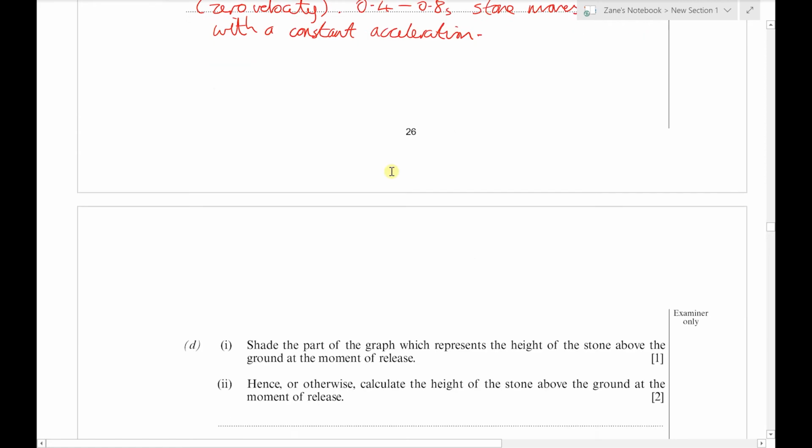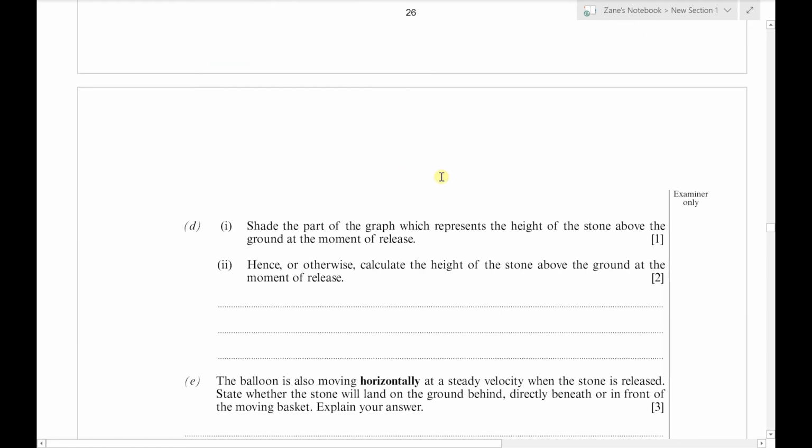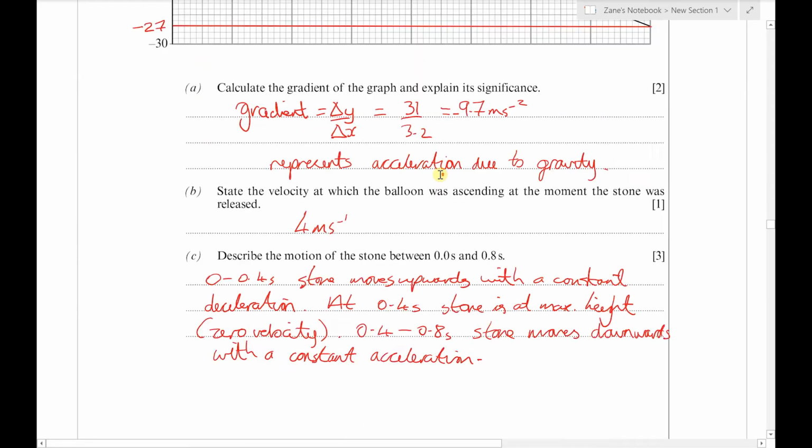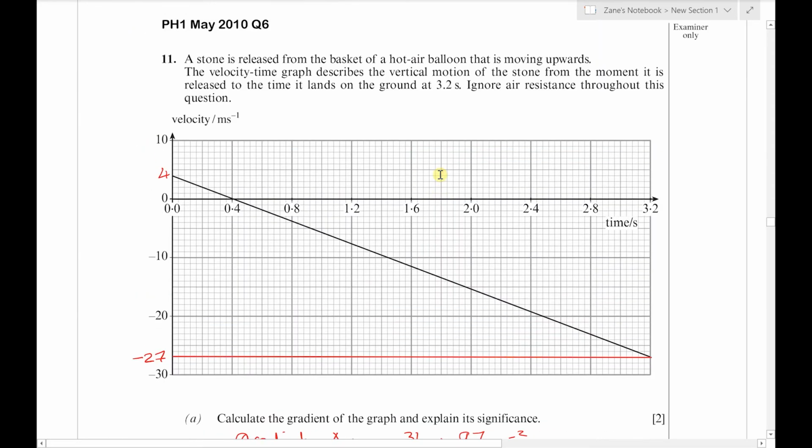Okay, next part of the question says, shade the part of the graph which represents the height of the stone above the ground at the moment of release. Between 0 and 0.4 seconds, our stone is moving upwards. At 0.4 seconds it reaches its maximum height. And from 0.4 to 0.8 seconds it is moving downwards again.